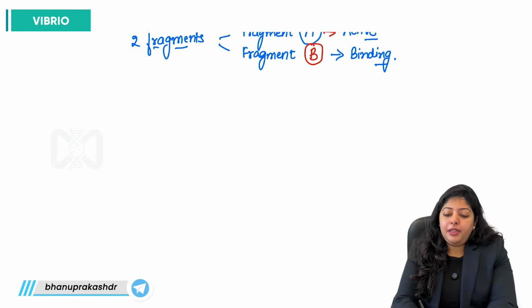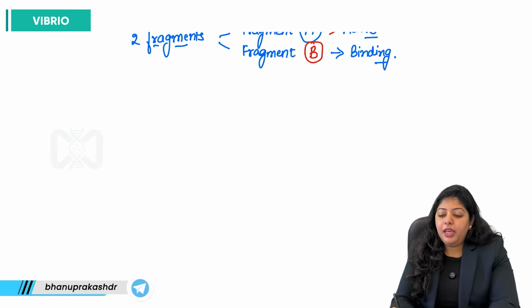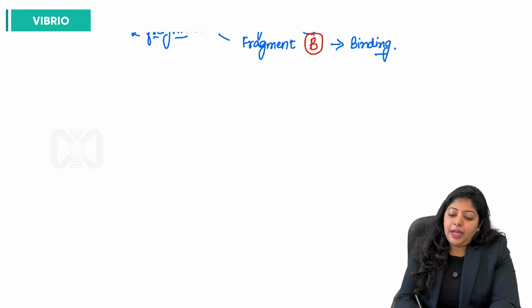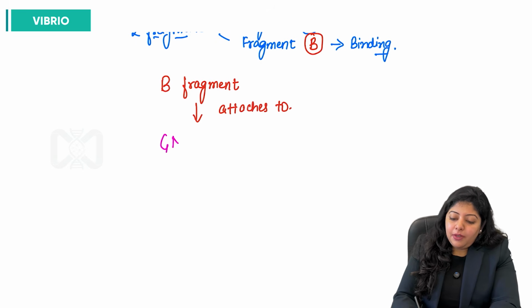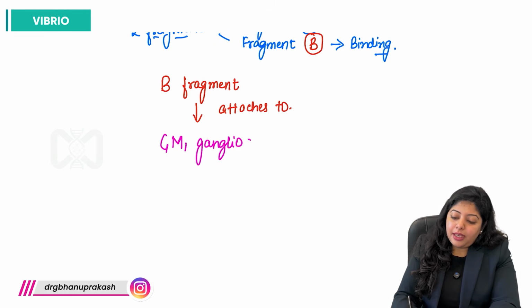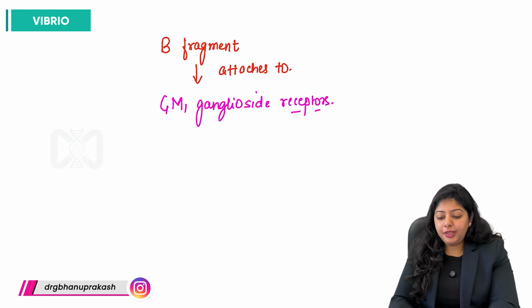So firstly, we take the first letter B, so this binding fragment, B fragment, gets attached to GM1 ganglioside receptors on the intestinal epithelial area, right?